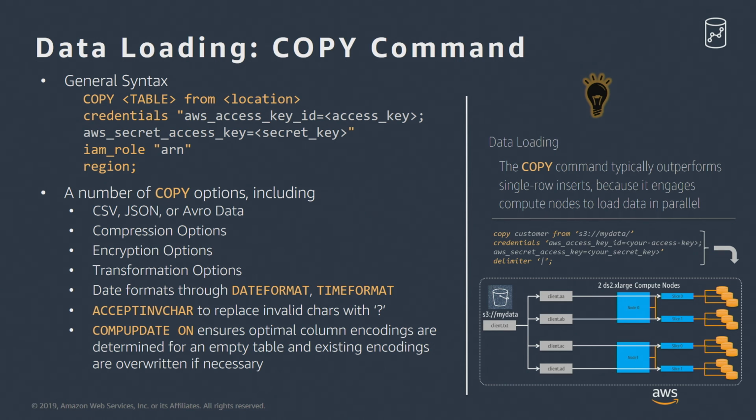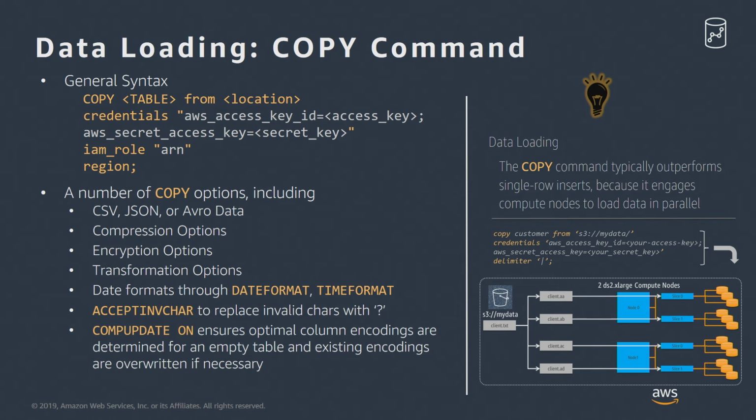There's actually two methods on the slide. I definitely don't encourage method number one. So it is possible to pass in your secret key pair to the copy command. This is absolutely not a best practice. Why? Because you're going to take this load script and you're going to check it into GitHub, and that's going to get you somewhere you don't want to go.